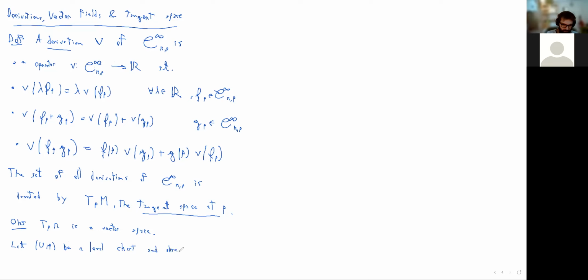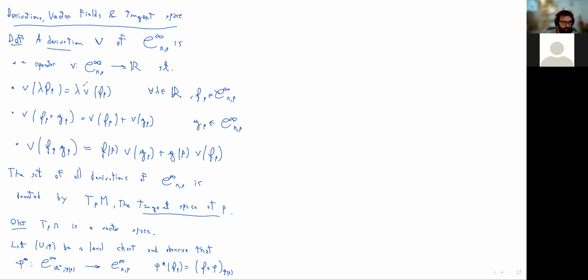And observe that the map phi star, which we will now define, which goes from C infinity of R^n at phi of p to C infinity of M at p, defined as phi star of f_p equal f composed with phi at phi of p. At phi of p? I think so.